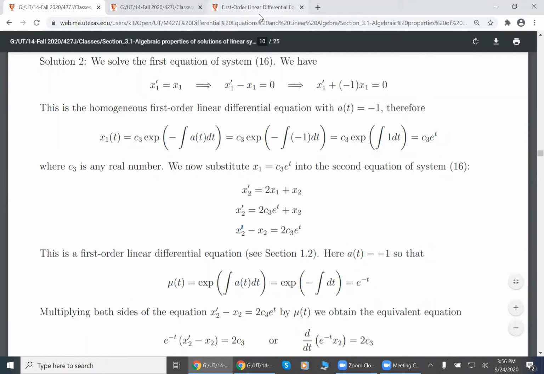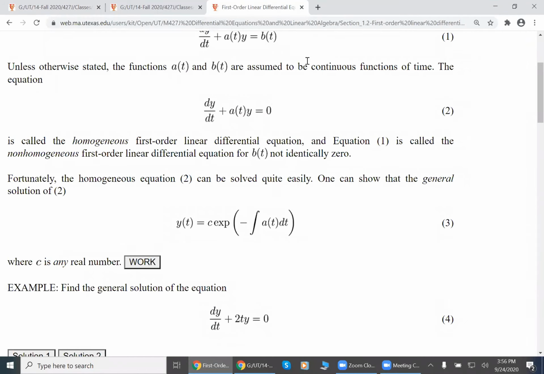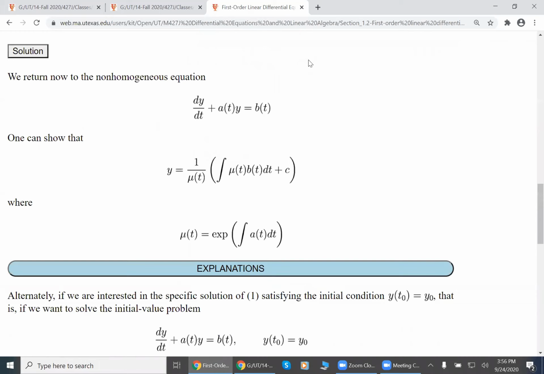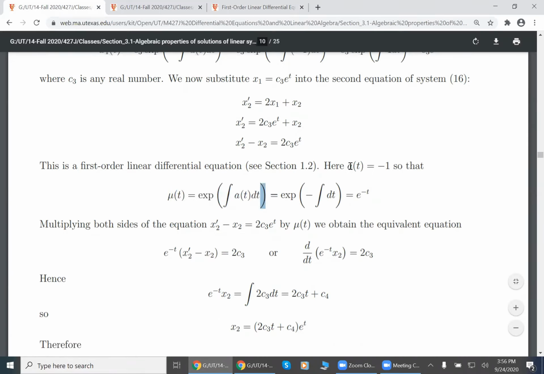In order to solve it, we go back to section 1.2 again. First, we find mu. Note that in our case, a of t is -1. We replace this by -1, and the result follows. Mu is e to -t.